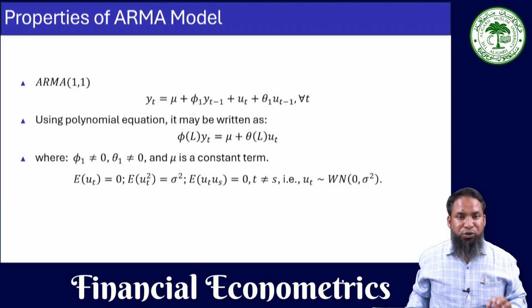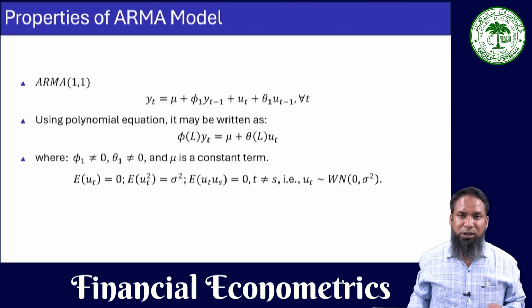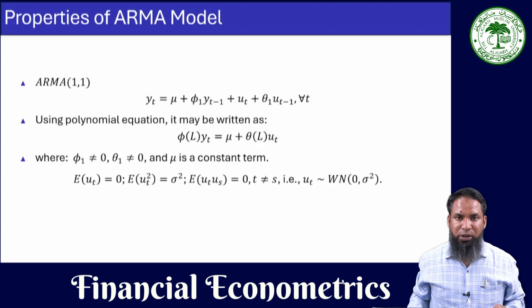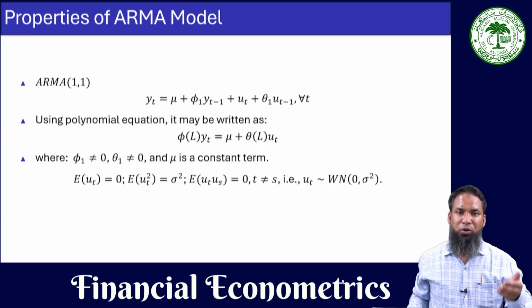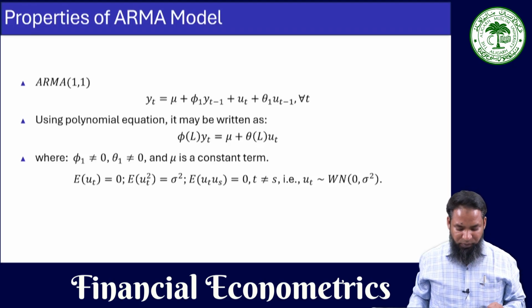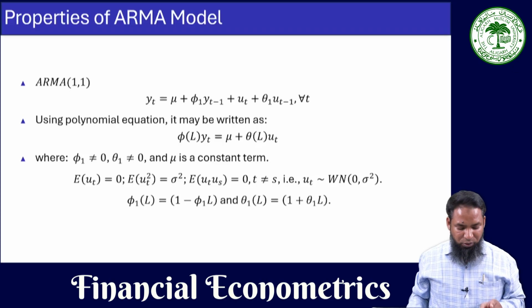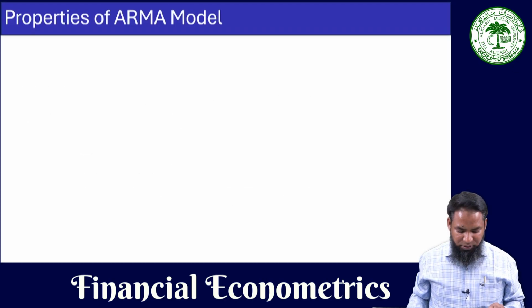We are assuming that the expectation of ut is equal to 0, the expectation of ut square is sigma u square, and there is no autocorrelation between the error terms, or we can say there is no autocovariance or correlation between the uts. Or we can say ut follows a white noise process with mean 0 and variance sigma square. So this can be written in this particular form.